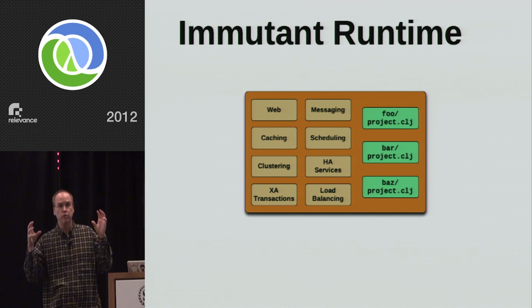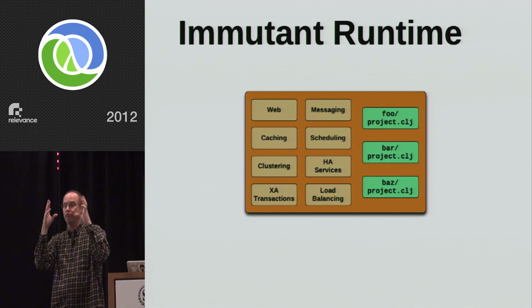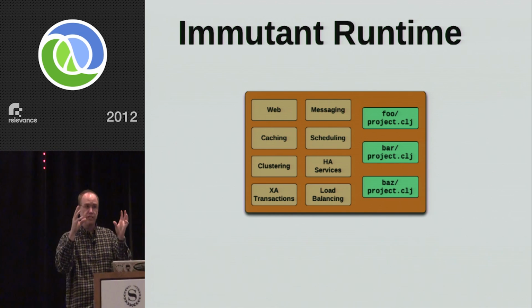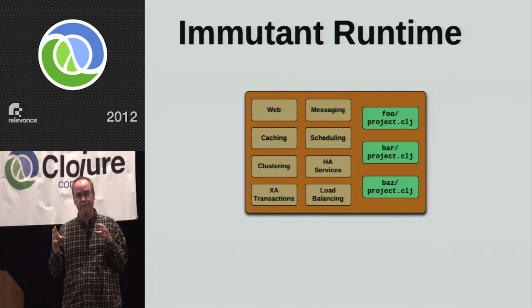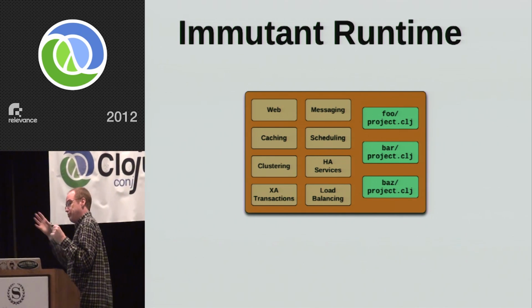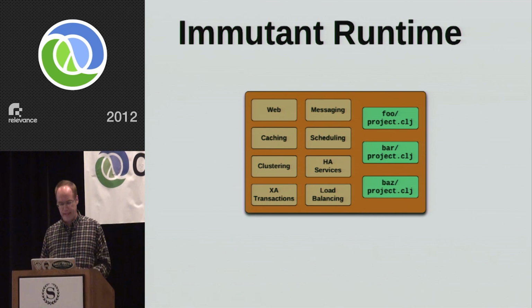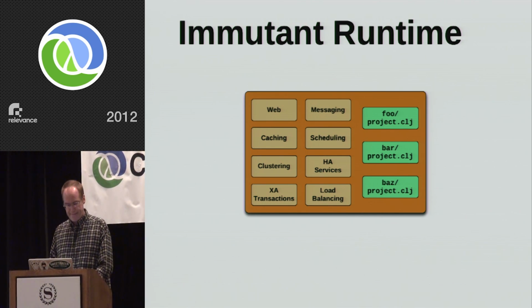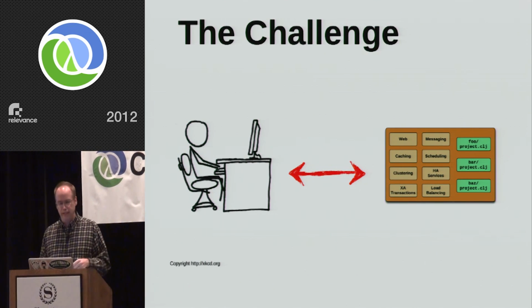And so Immutant will then create an isolated Clojure runtime with an effective classpath that matches the dependencies you've specified in your project.clj. So those dependencies are resolved at runtime. There is no packaging step. There can be, but by default, during development, you wouldn't need it. So that's, at a high level, what Immutant is.